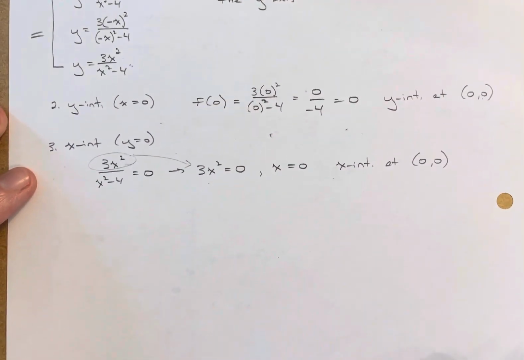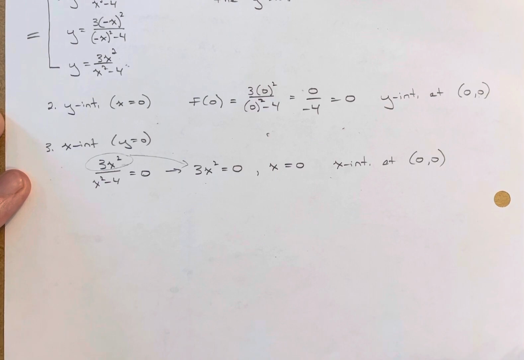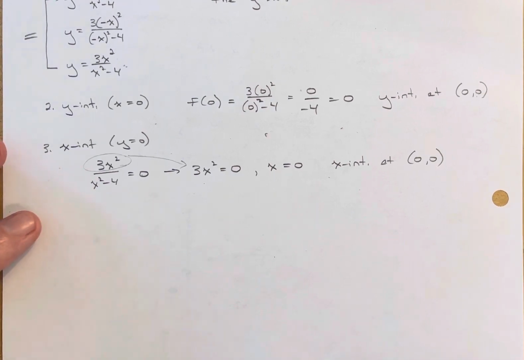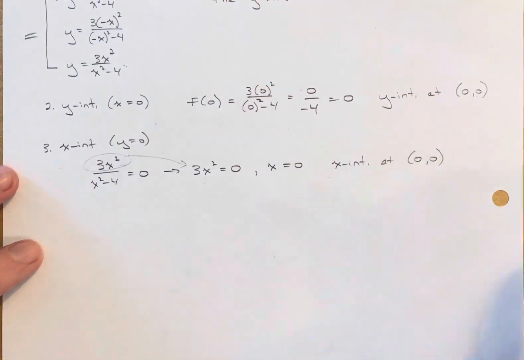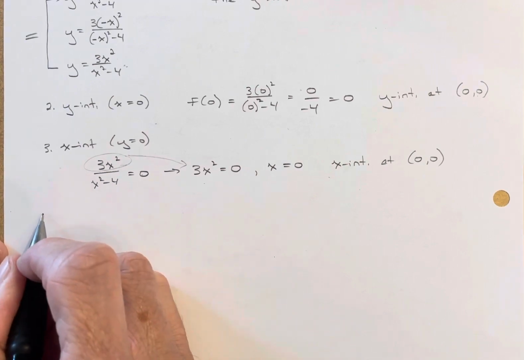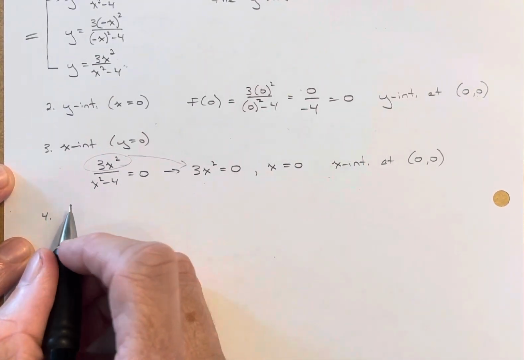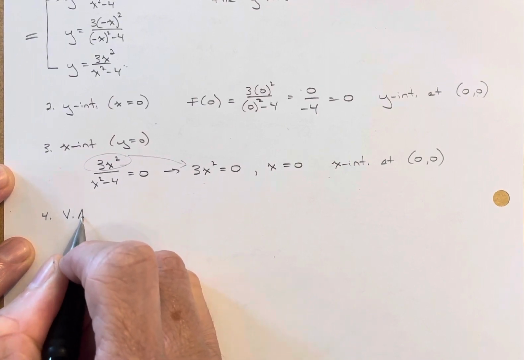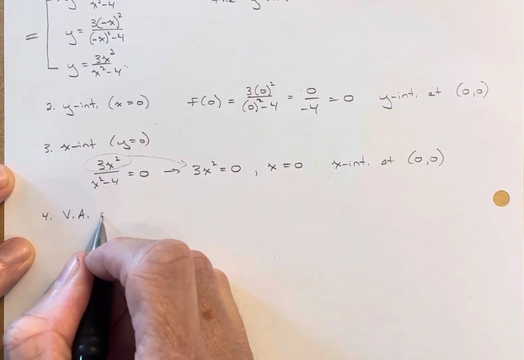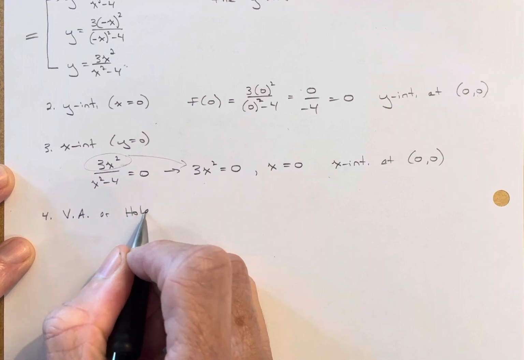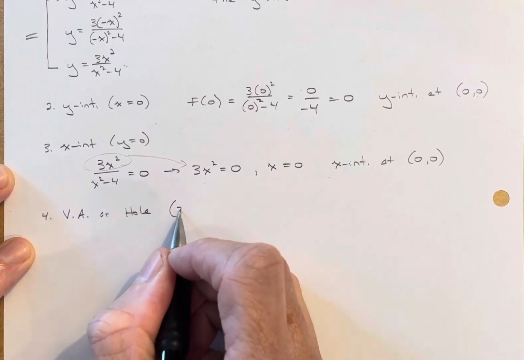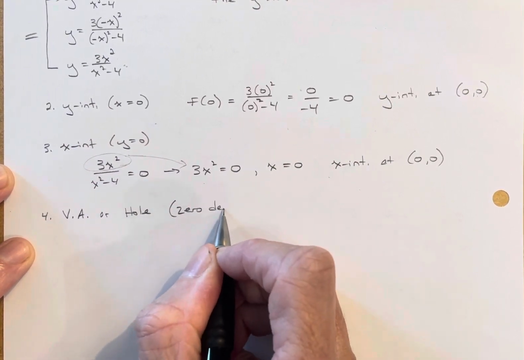Okay, sliding this up. I'm going a little bit quicker at times, but we've been doing x-intercepts and y-intercepts for some time. Do I have any vertical asymptotes or holes? So I'll abbreviate vertical asymptote or hole. Okay, and this is my 0 denominator.